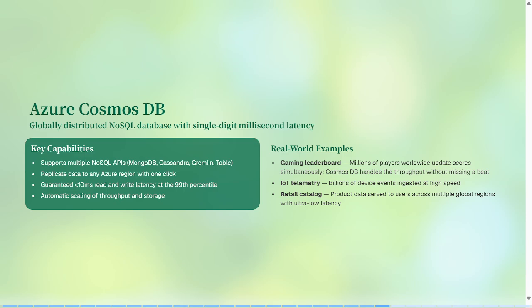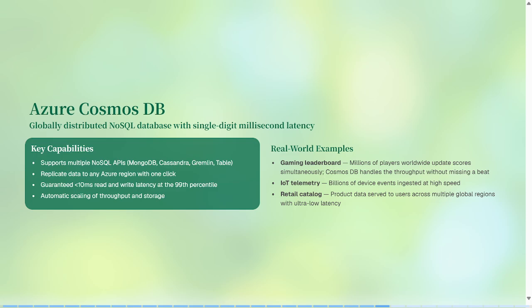Imagine a global online multiplayer game. Millions of players from different countries are logging in at the same time, updating their scores in real time, competing on global leaderboards. Now, every time a player scores points, the data is instantly written to Azure Cosmos DB.